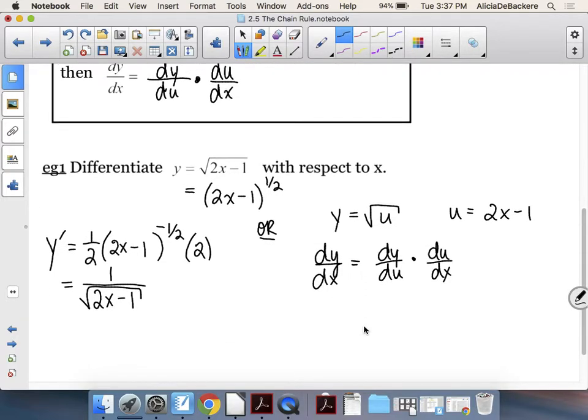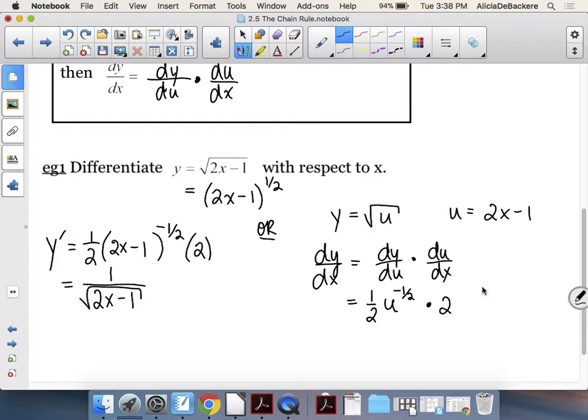So taking the derivative of the square root of u, I know that that's an exponent of a half, so I bring that out front. And then I've got my u, and taking 1 away from the exponent, I end up with negative a half. And then taking the derivative of the u function in terms of x, moving over here, I'm taking the derivative of 2x minus 1, and I get 2.